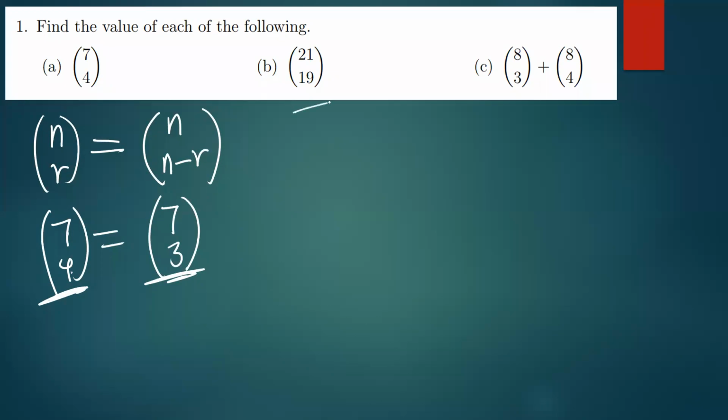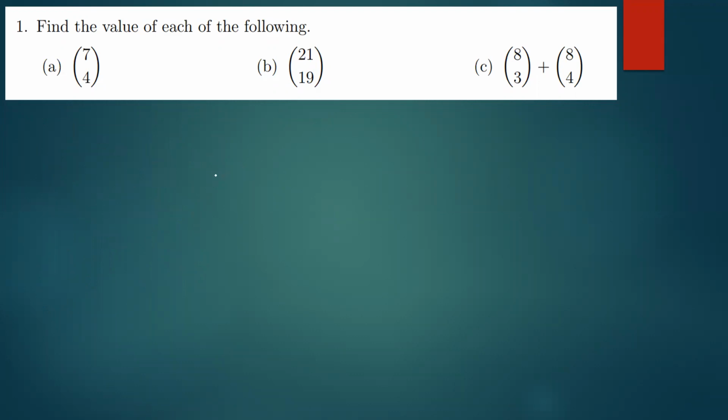So this is the thing that I want us to apply here, because if we take 19 there, we're going to spend a lot of time to finish solving the question. But if we apply this, it's going to be a very short solution. So I said n choose r is the same as n choose n minus r.